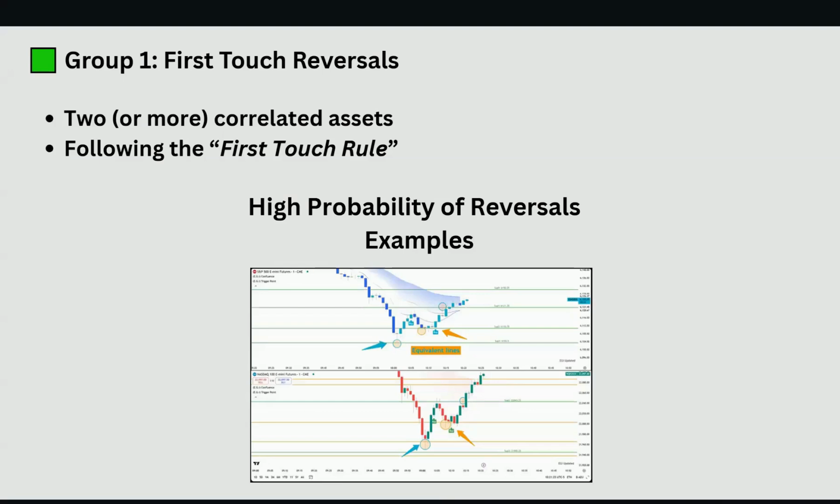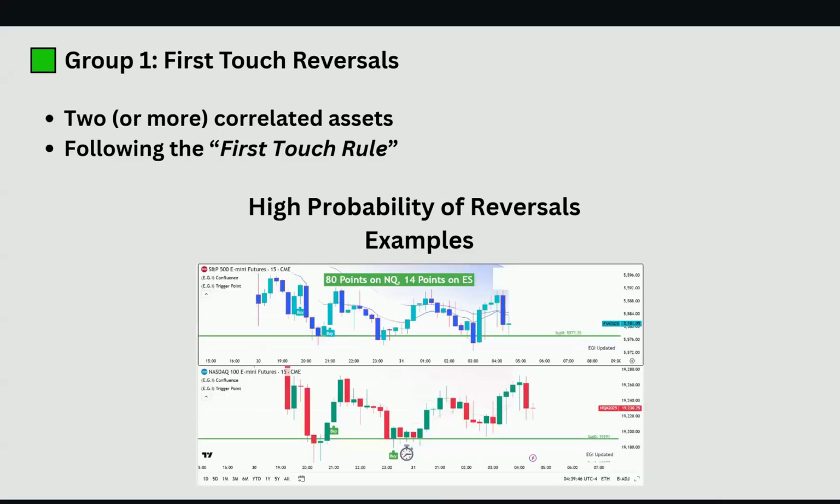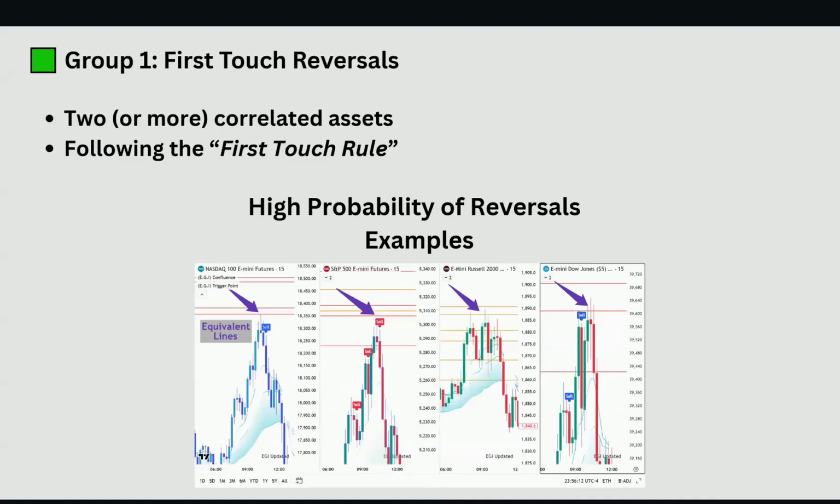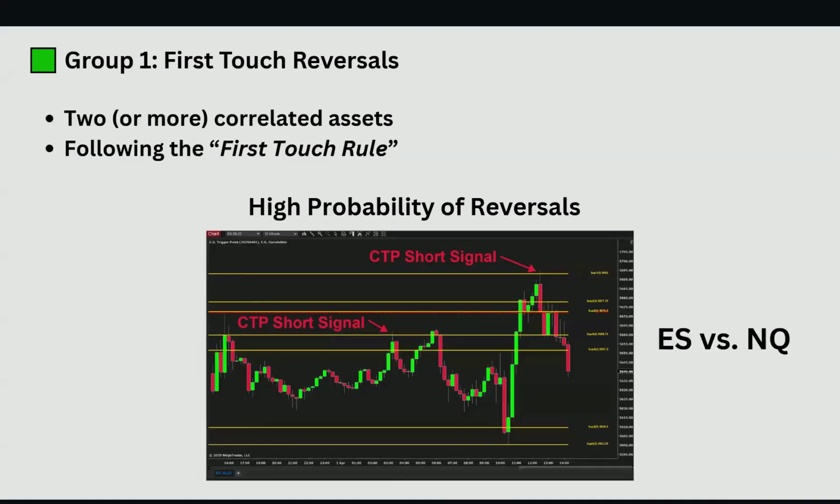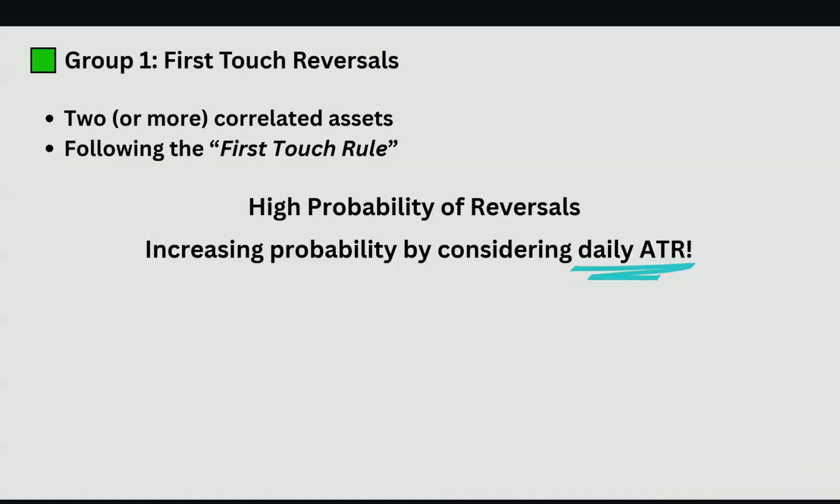And here are a few examples from my live sessions. You can see the first touch scenarios and the equivalent lines. There's a high probability of reversals, especially when considering 3 instruments.